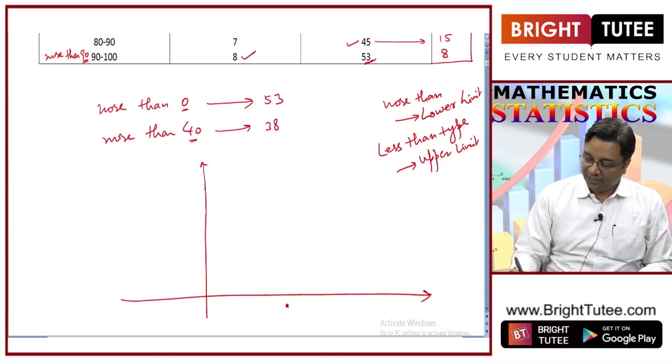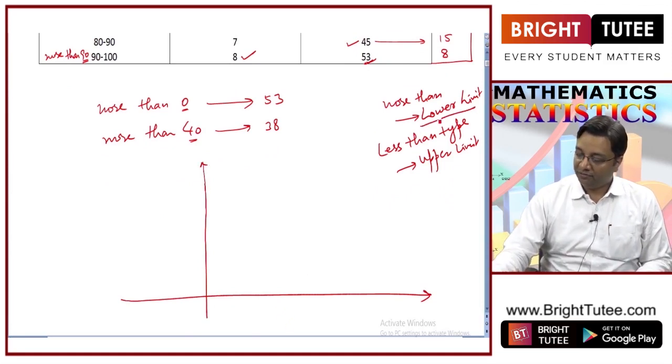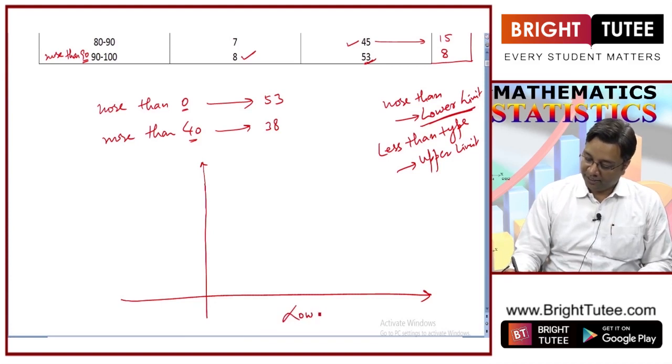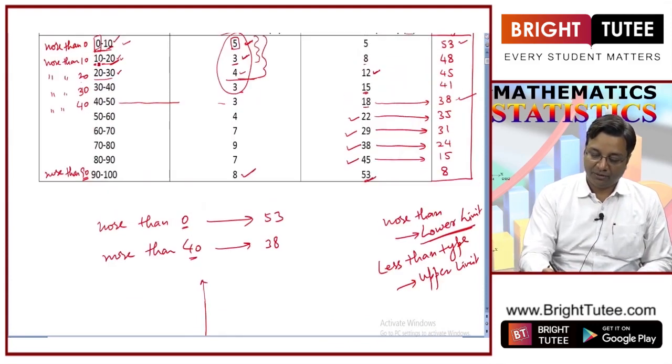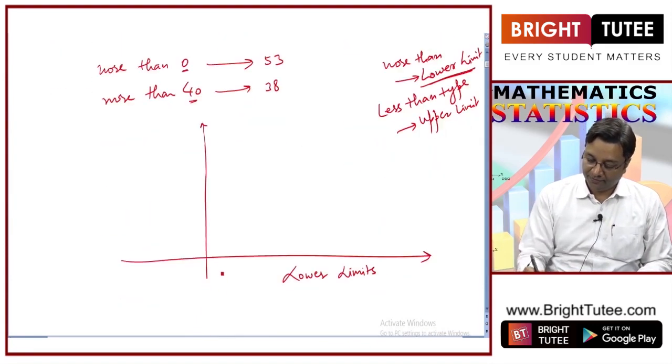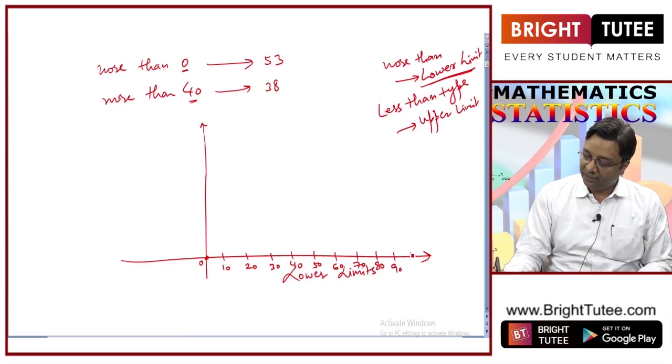okay, if I write, let us say, to start with lower limits, if I write lower limits here on the x axis, that is 0, 10, 20, 30, 40, 50, 60, 70, 80, 90, right.